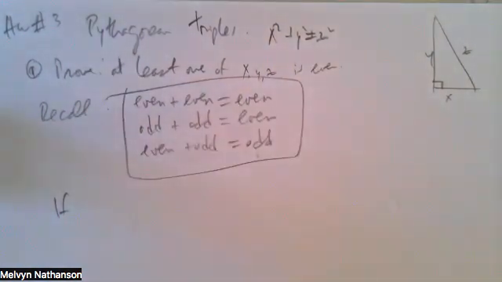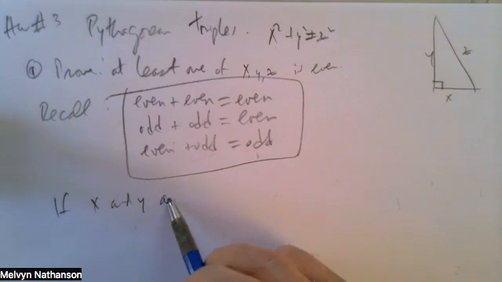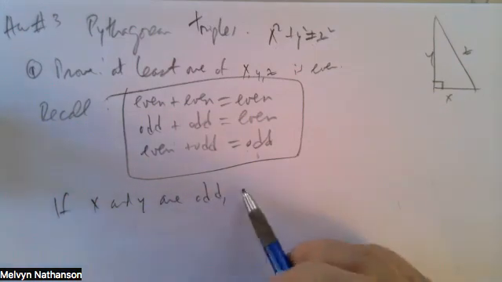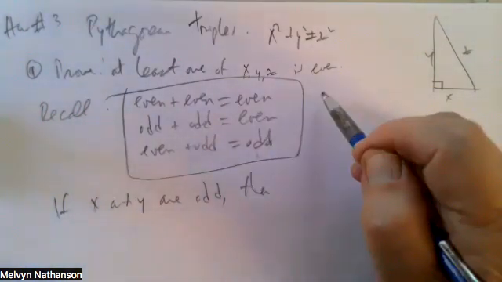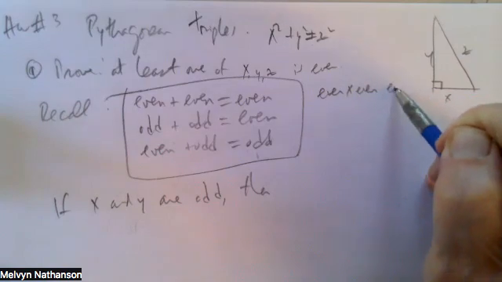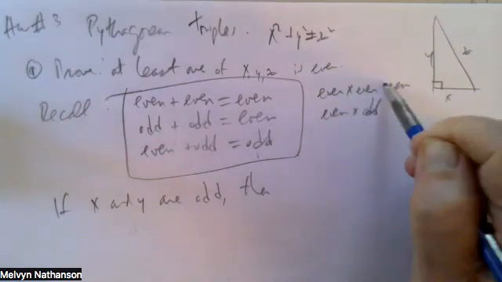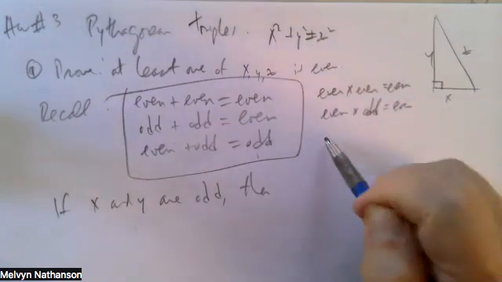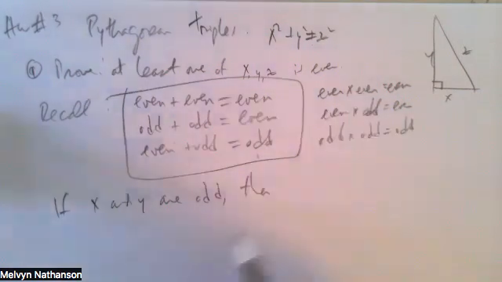You have to show at least one of these three numbers is even. If x and y are odd, I should also say even times even is even. An even number times an odd number is even. And the product of two odd numbers is odd.